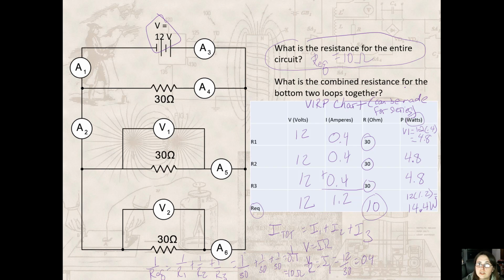What is the combined resistance for the bottom two loops together? So this is right here. So just the R equivalent of loop 2 and 3 is equal to 1 over 30 plus 1 over 30.